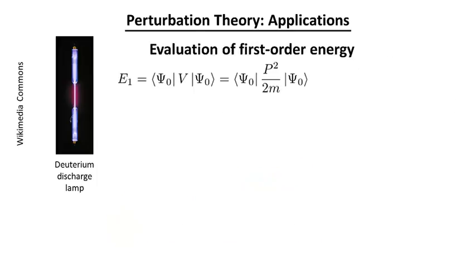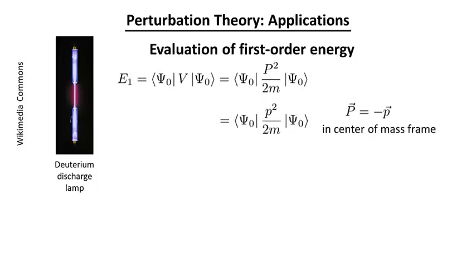So we have available to us the E0, and the psi 0 can be obtained by solving the infinite mass equation. So now we are to evaluate the first order energy. And so there it is. It's the nuclear kinetic energy evaluated over an electronic wave function. How are we going to handle that?